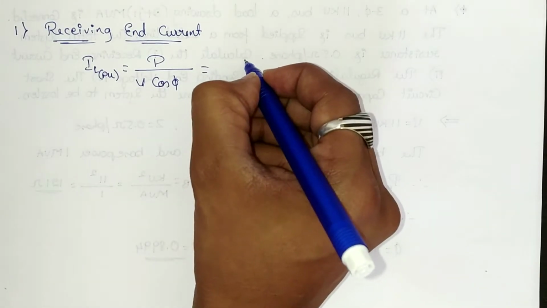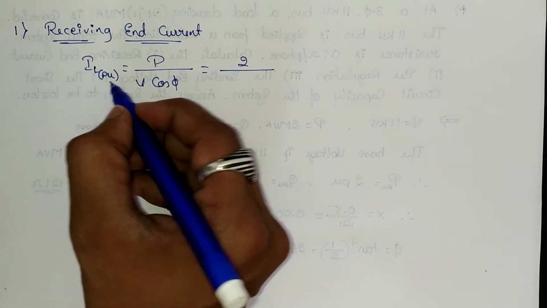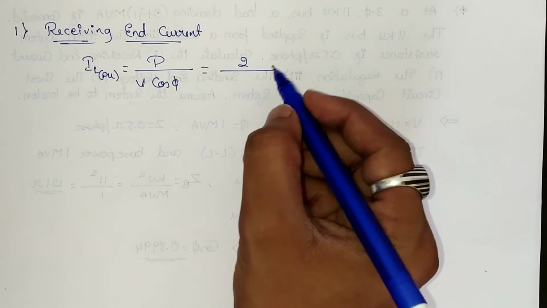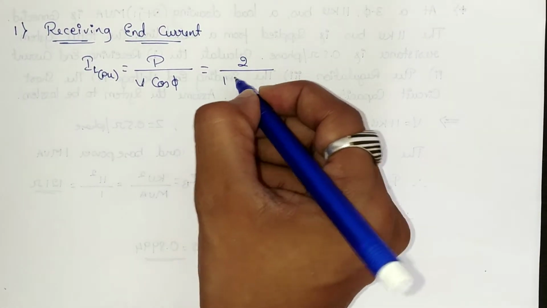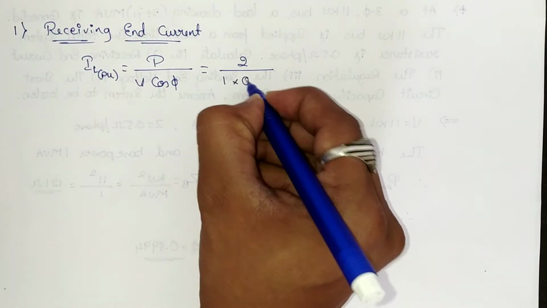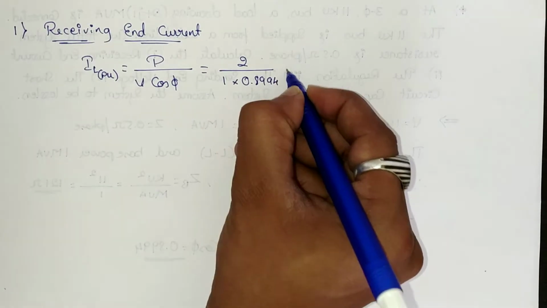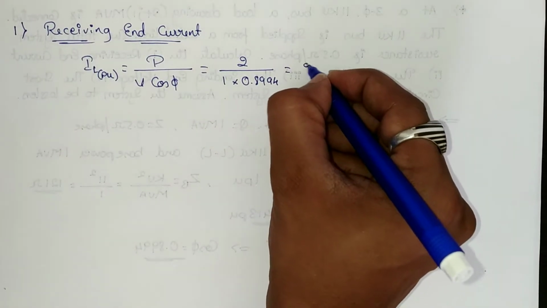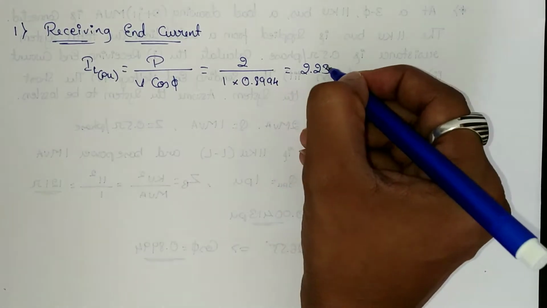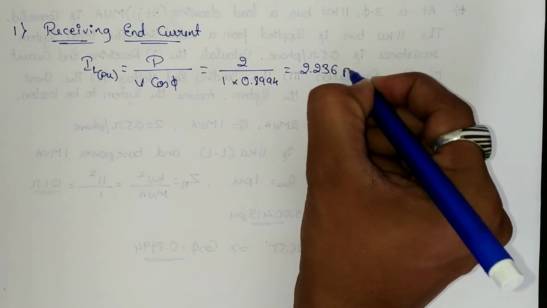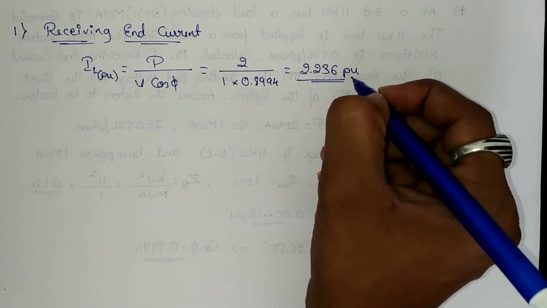The value of P is 2. Remember, we are solving it with respect to per unit. P per unit is 2 divided by V is 1 into cos phi is 0.8994, which leads to 2.236 per unit.